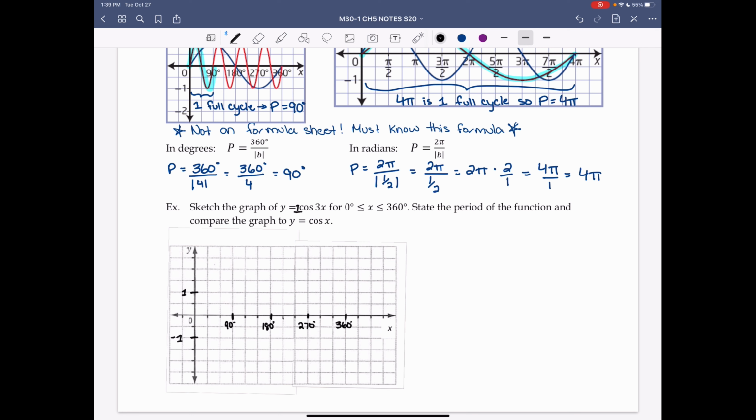I'm going to start by graphing y equals cos x. Remember that cos is the x value of points on the unit circle. Draw my unit circle to help me find some points.